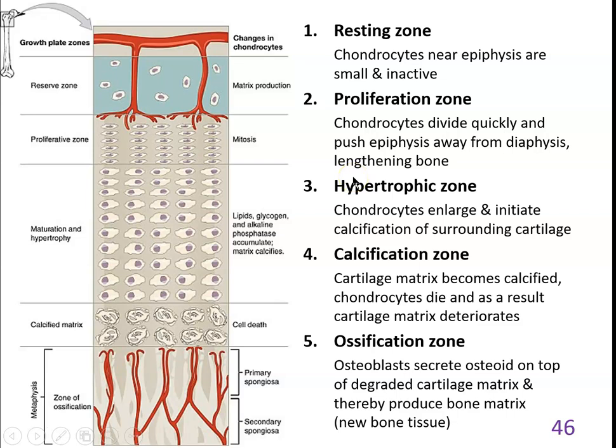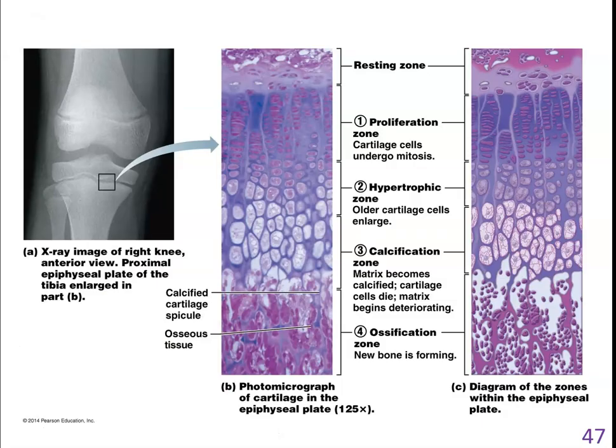So those 5 zones show you the whole epiphyseal plate, from the leading edge, where there is hyaline cartilage, to the trailing edge, where it leaves bone behind it. And in each case, it's cells that have gotten a signal, and then they've divided, and then they go through hypertrophy, and then they die and ossify, and then they are converted to bone. So those are the steps in endochondral ossification.